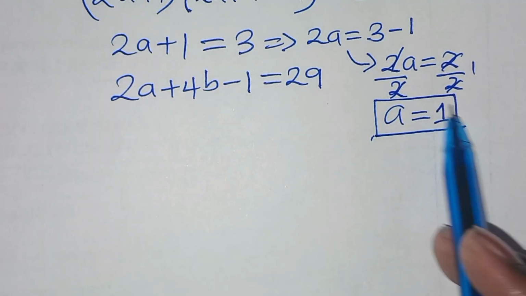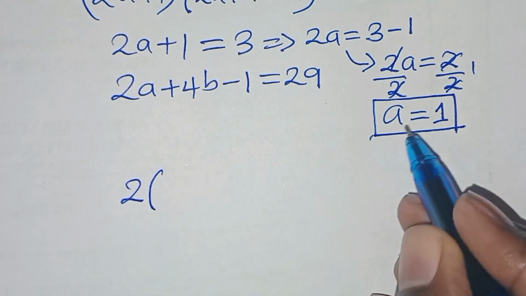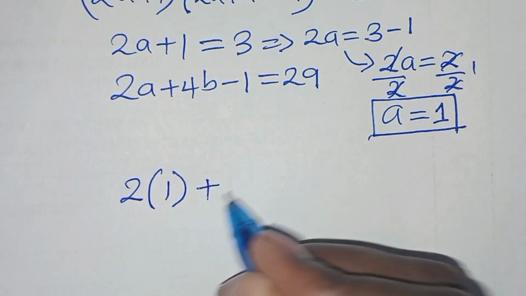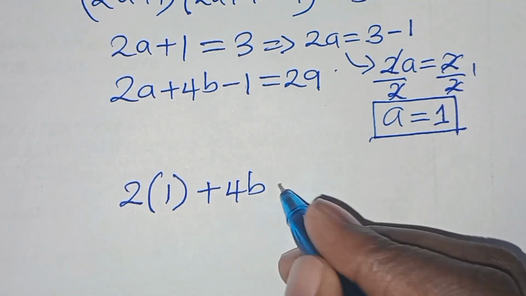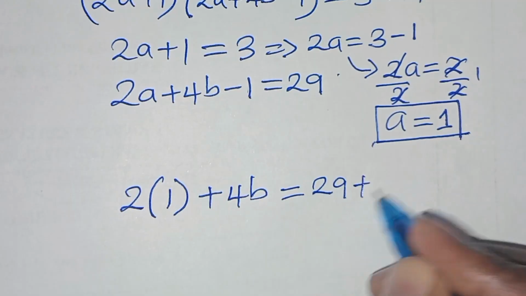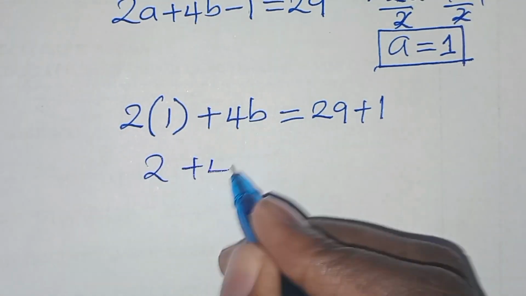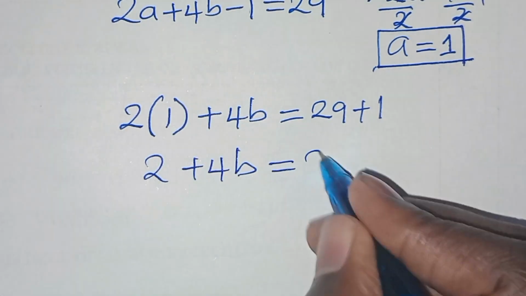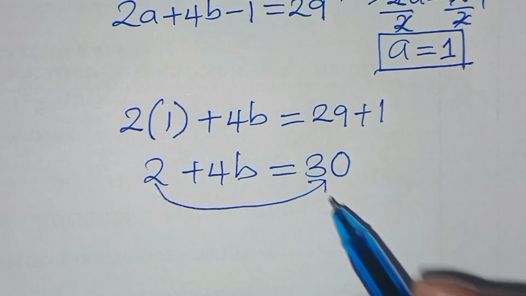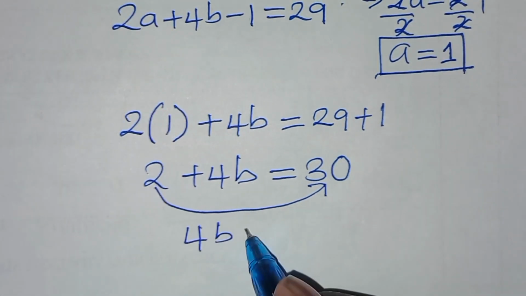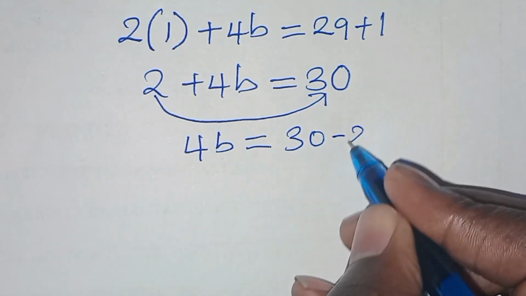So let's substitute the value of a in the second equation here. We have 2 times a, which is 1, plus 4b. Let's take minus 1 on the right hand side. So this will be equal to 29 plus 1. So here you have 2 plus 4b is equal to 30. So let's take 2 on the right hand side, so that now we have 4b is equal to 30 subtract 2.